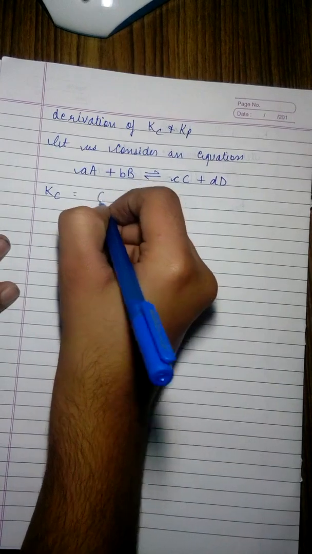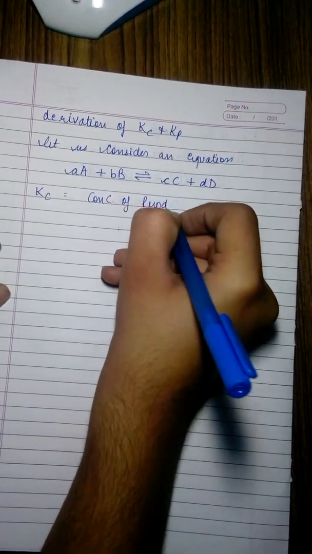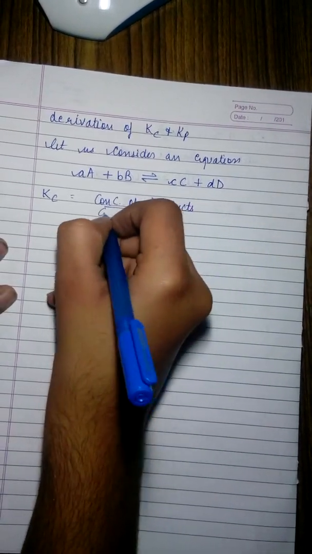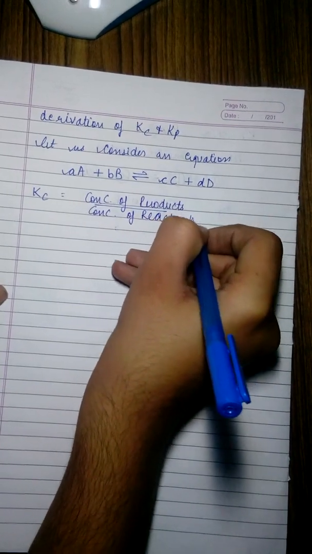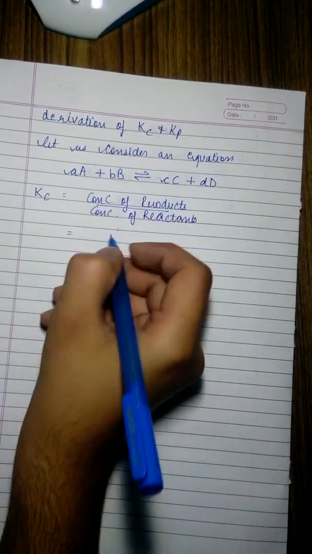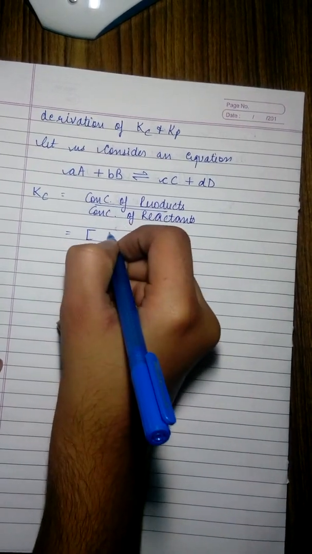Kc is equal to concentration of products upon concentration of reactants, which is equal, in a square bracket.